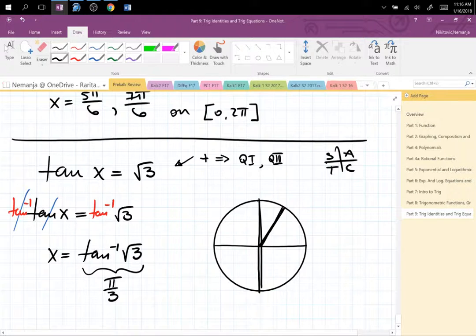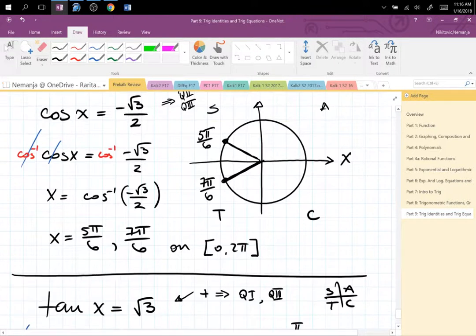And then, extending the line, it's the same pi over 3 on the other one. So this is pi over 3 and this is 4 pi over 3. Now, remember the reference angle? This one is pi over 3 and this one is pi over 3. So those are the reference angles for both.